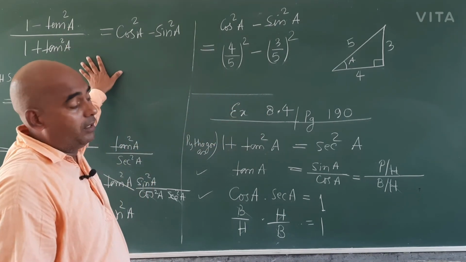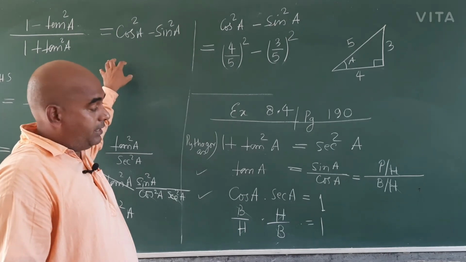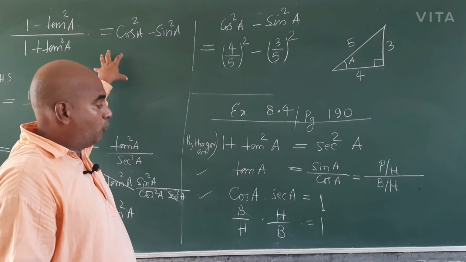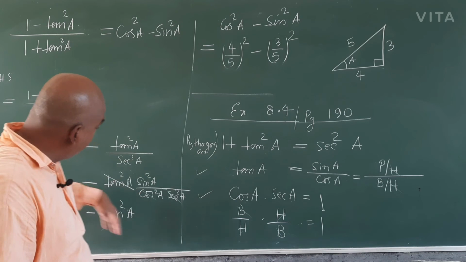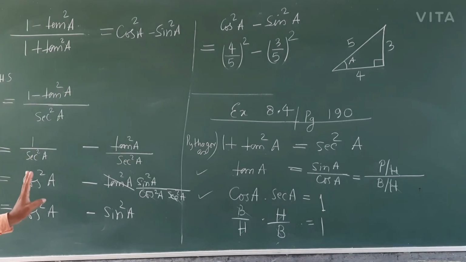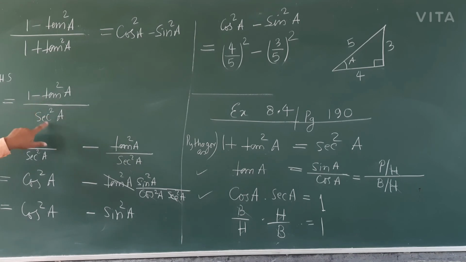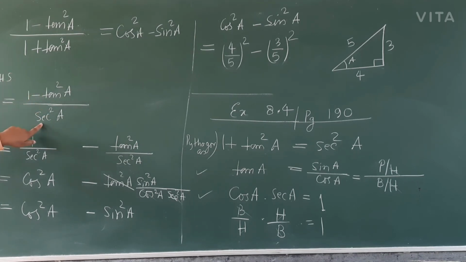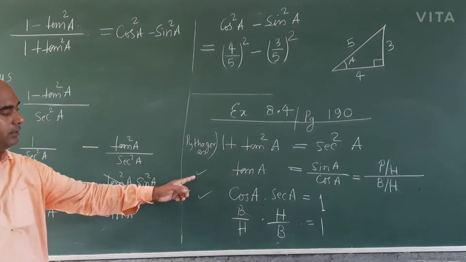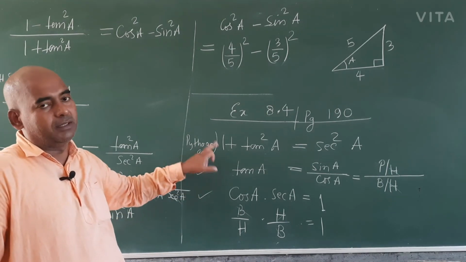So in 8.4, if this question comes in the exercise, then the same question, because it is also a trigonometric identity, you are able to prove it. So you will solve this type, the same question. I have used the Pythagoras theorem here, 1 plus tan square, and then the definitions. These are the trigonometric definitions, and this is the Pythagoras theorem.